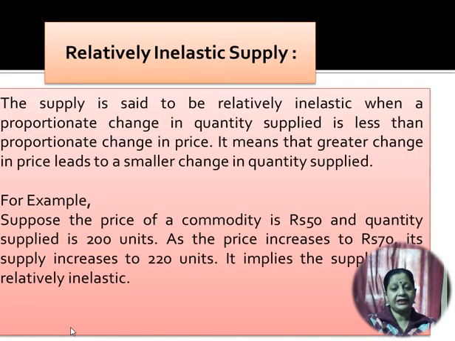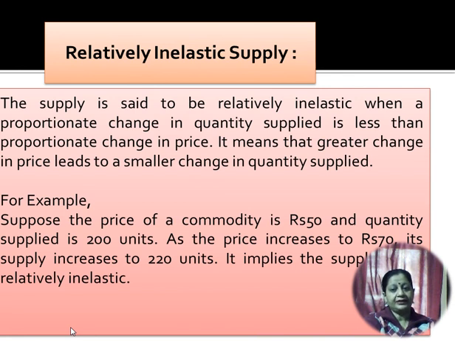Now relatively inelastic supply. The supply is said to be relatively inelastic when the proportionate change in quantity supplied is less than the proportionate change in price. That means there is a totally reverse situation of the previous one. When the quantity supplied changes less in response to the proportionate change in price, that situation is known as the relatively inelastic supply.